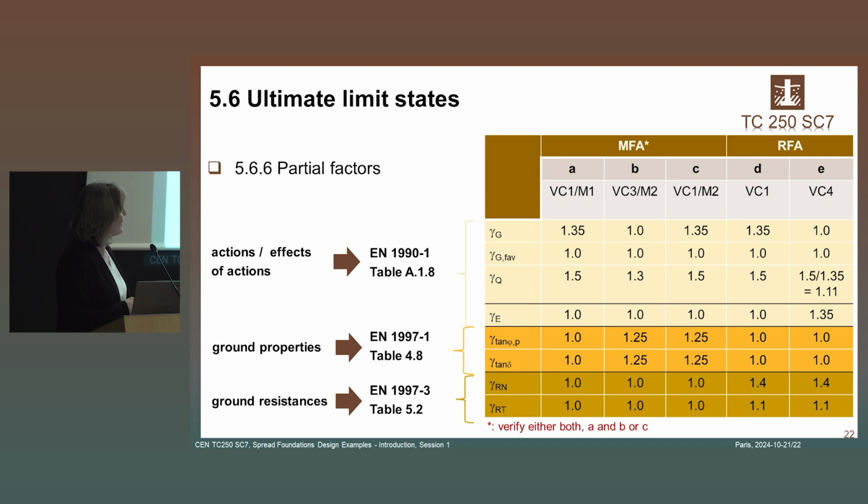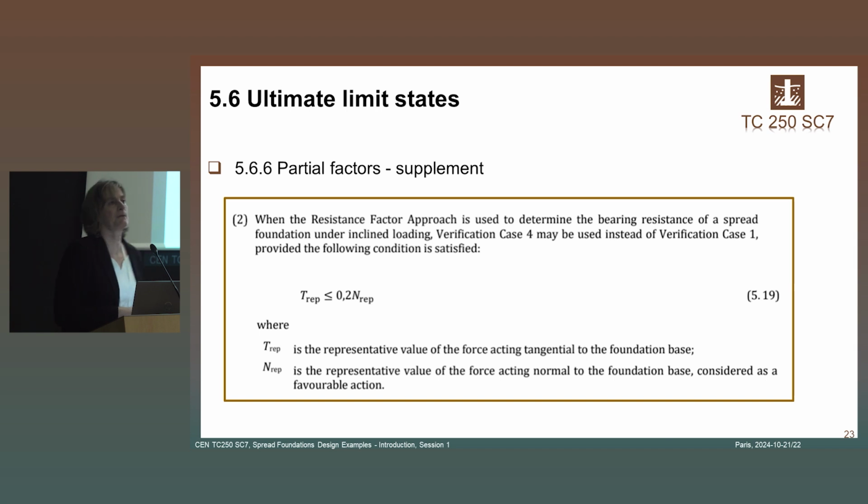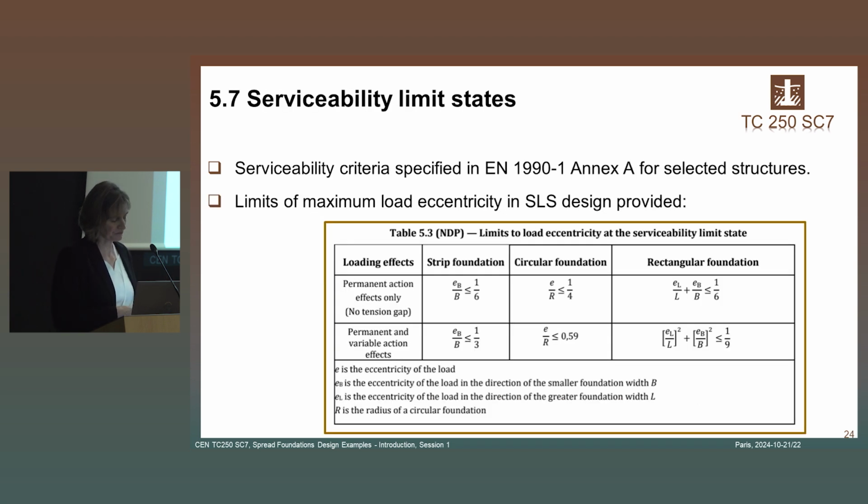So here in the MFA, either A and B or C, in the RFA, either D or E. Normally it's D, but E you can use, and there's another provision here. Combination E you can use if the load inclination is small, that means not larger than 20% of the normal force in the footing base. So I have to check, but at the end you will probably decide for one of those combinations.